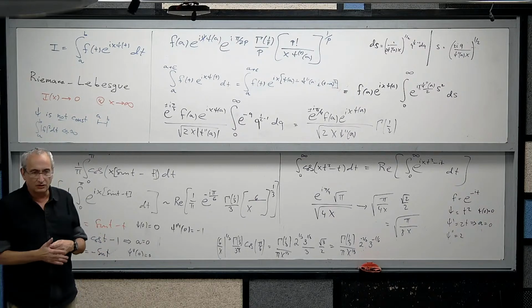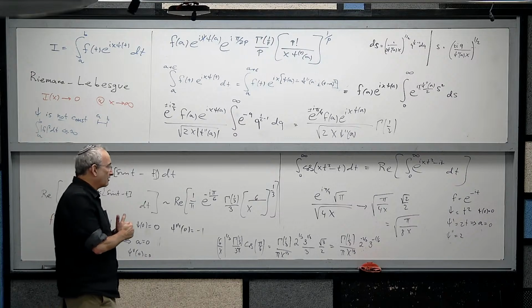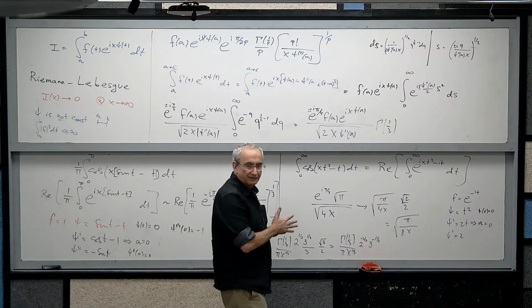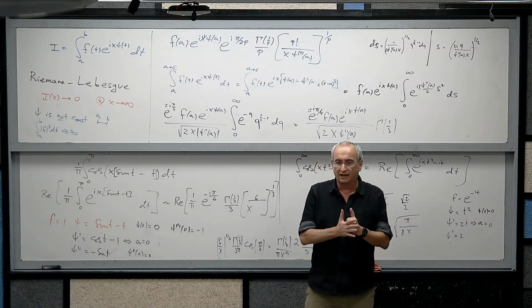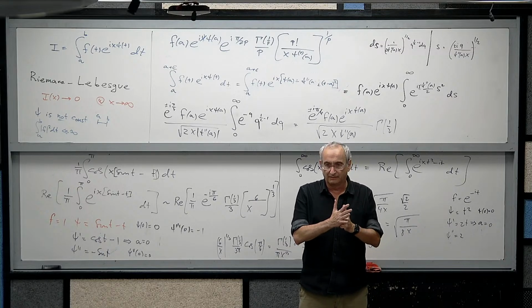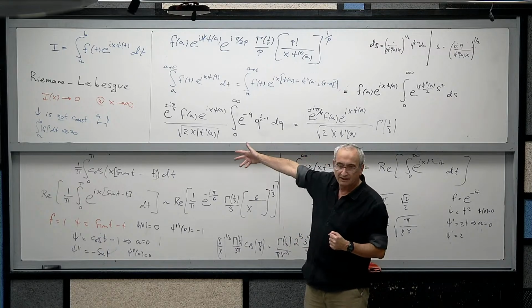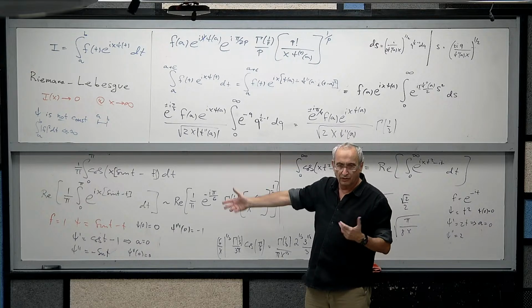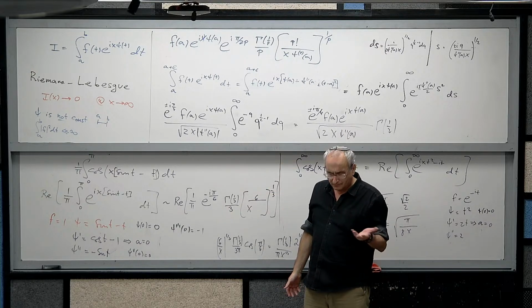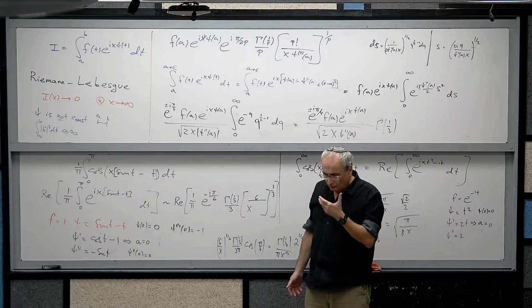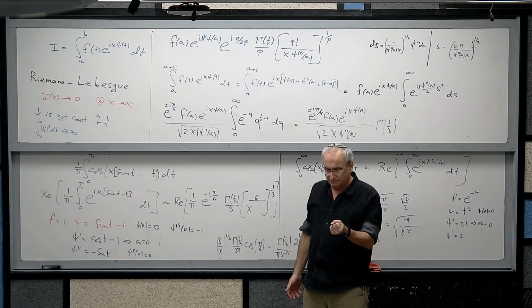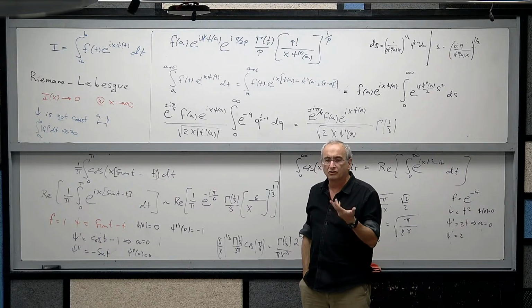The only case where you see something is when the phase changes slowly, so the derivative of the phase is 0, which is the case where you have a large contribution.